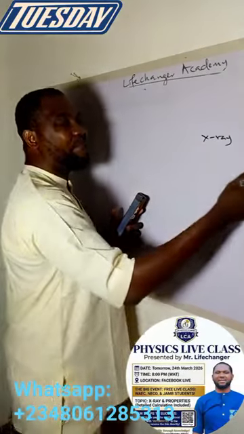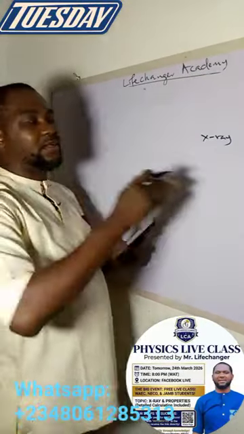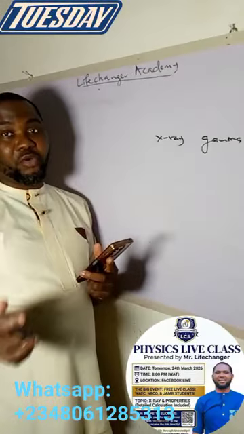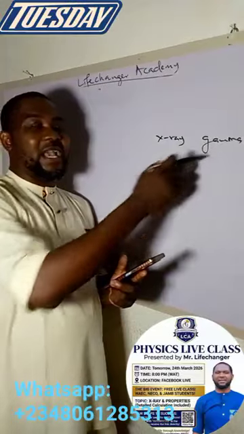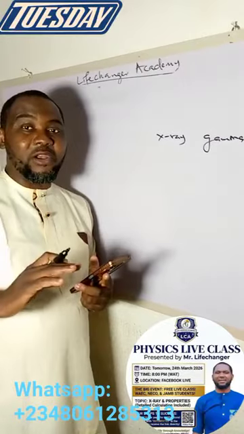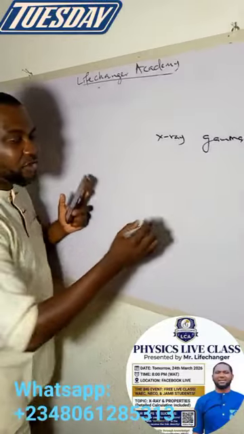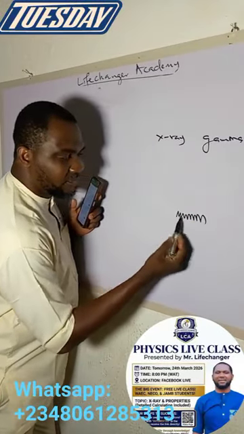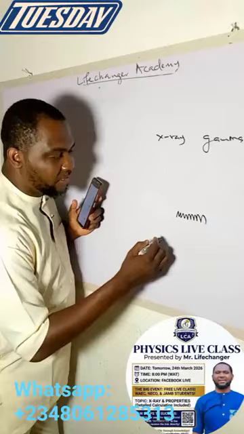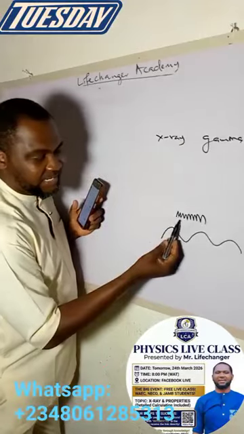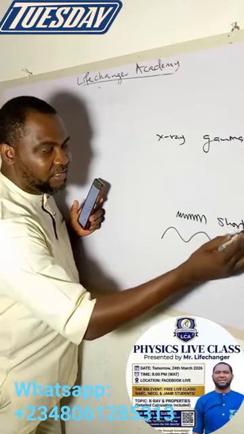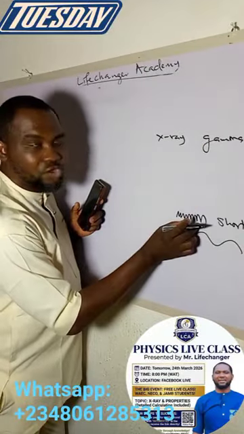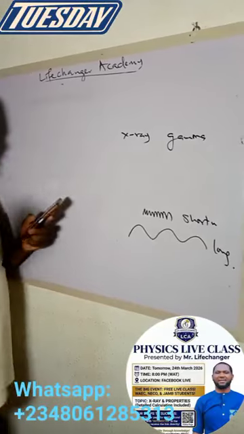That means out of all the electromagnetic rays, gamma ray has the highest penetrating power, the shortest wavelength and the highest frequency. Wavelength means the distance covered in one cycle. You can see that this has a very short wavelength, while this is long. So gamma is shorter in wavelength than X-ray. So A is not the answer.